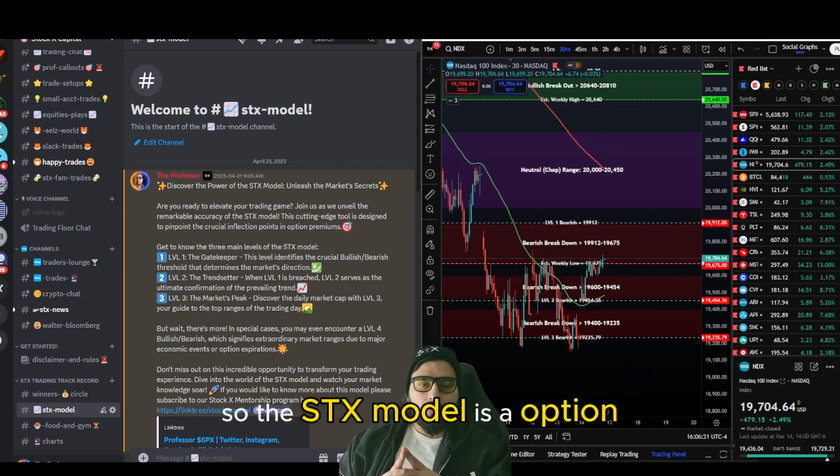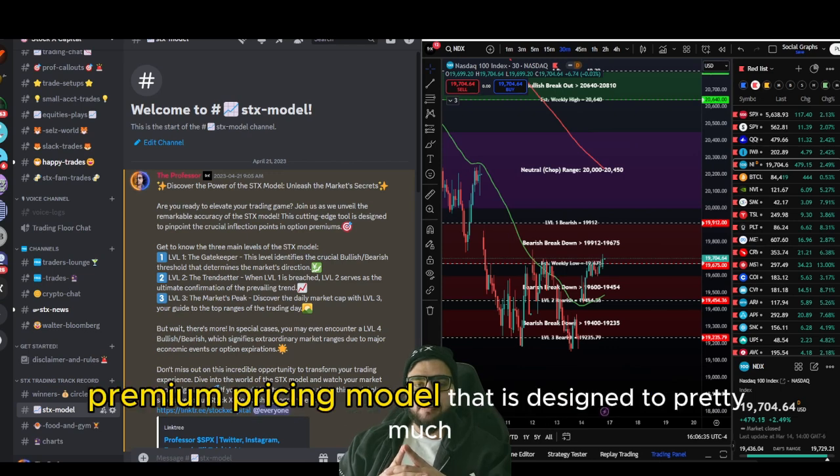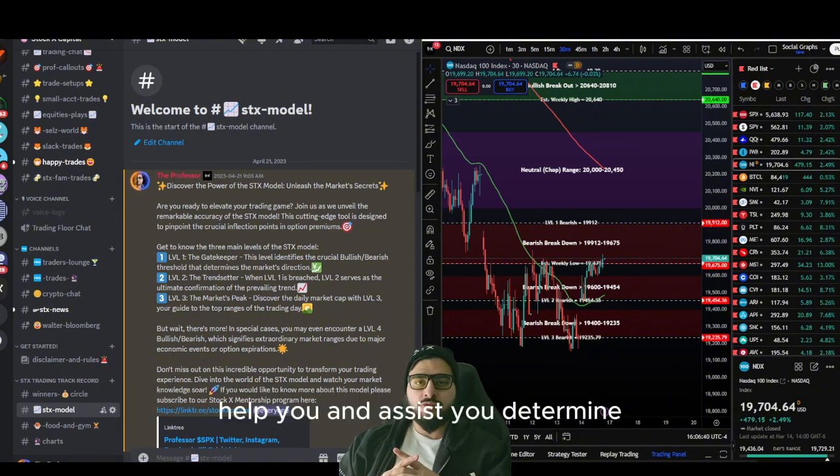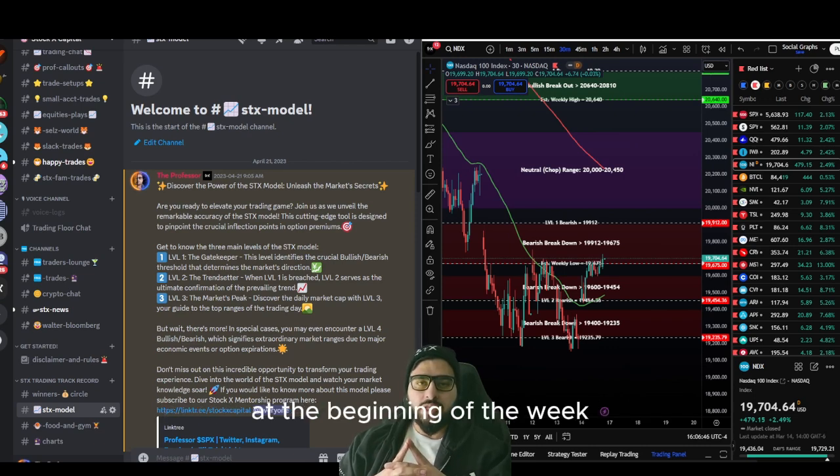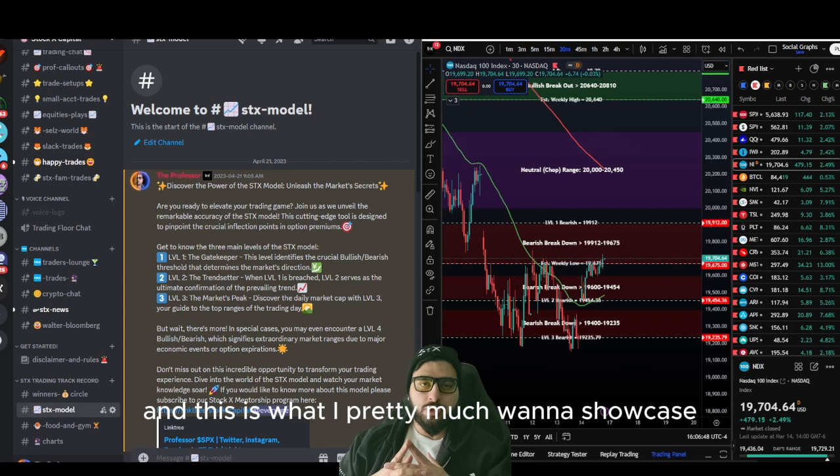Okay, so the STX model is an option premium pricing model that is designed to help you determine which direction you should work. Now, these levels are very carefully calculated at the beginning of the week, and this is what I want to showcase.